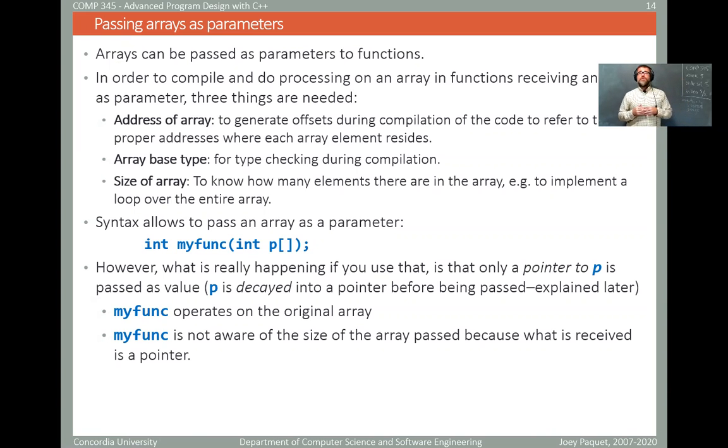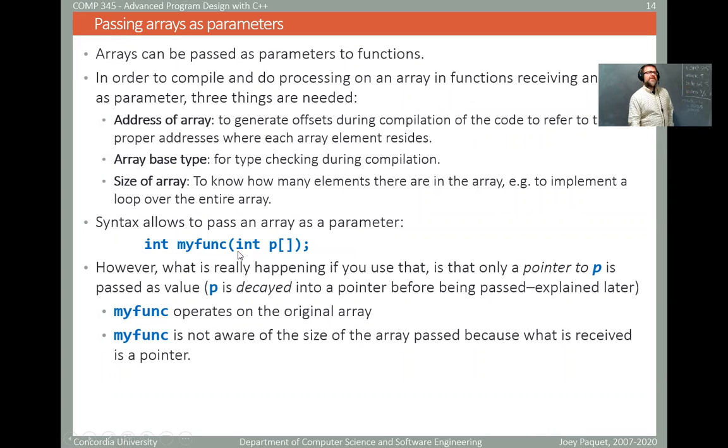And then it potentially also needs to know the size of every dimension of the array. For a one-dimensional array, the only thing it needs to know is the size of an element, which is written in the array declaration or parameter declaration.